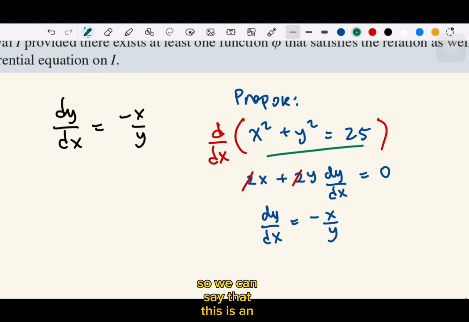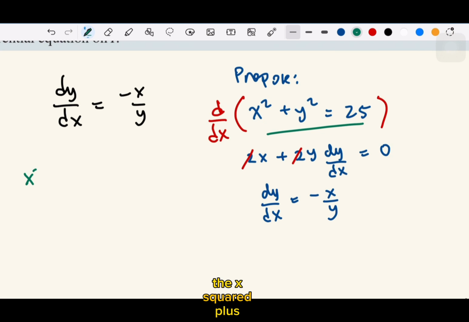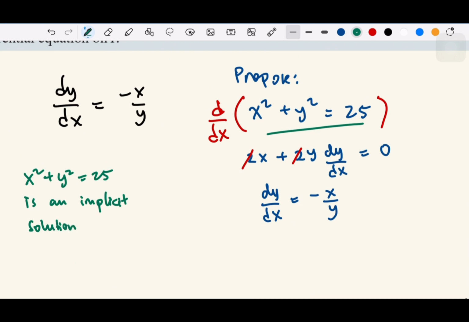So we can say that this is an implicit solution, because it's not in the form of y equals some function, right? So we can say that x squared plus y squared equals 25, or equals a constant, is an implicit solution of dy/dx.